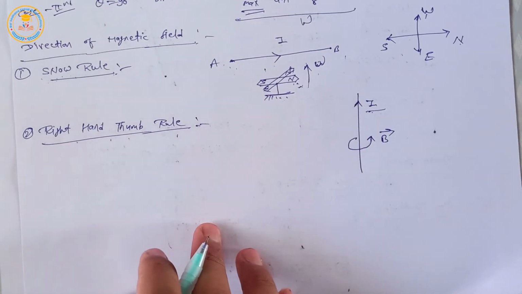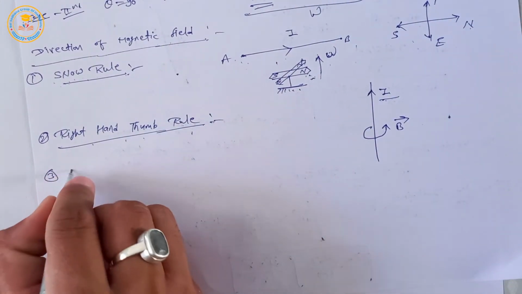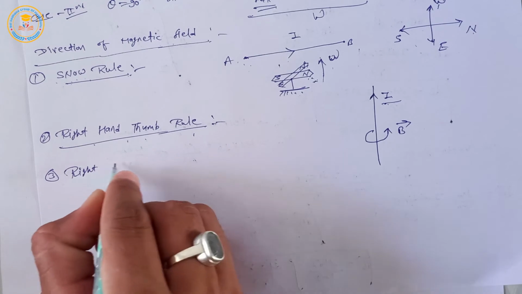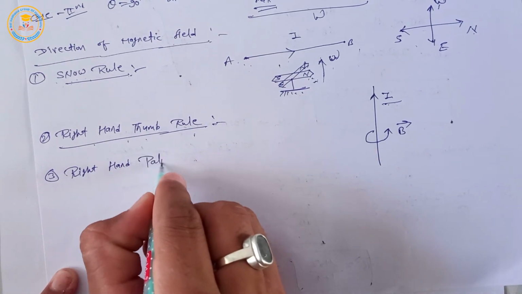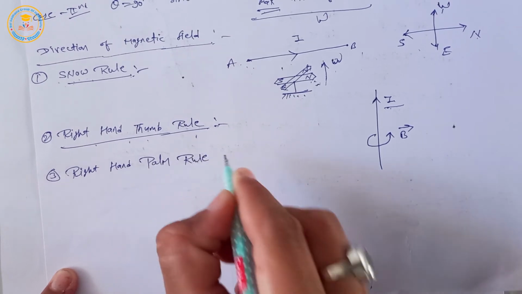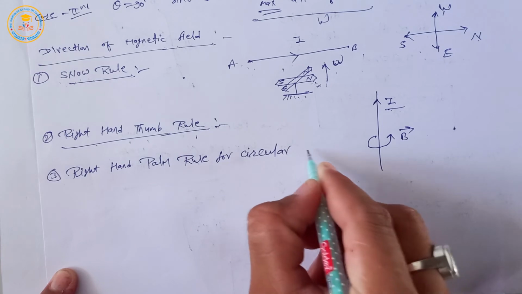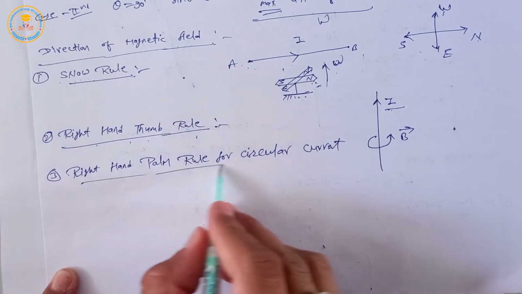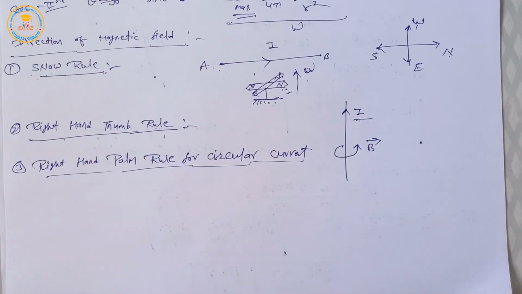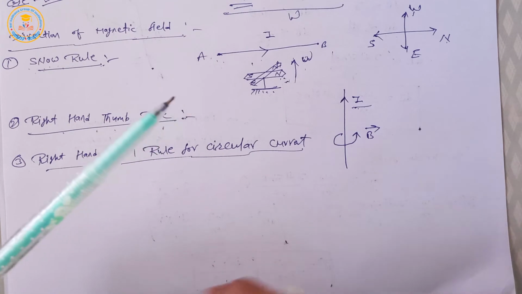Now for circular wires, the next rule is the right hand palm rule. Right hand palm rule for circular wire. It means circular current. Now we have a coil, like a circular wire.